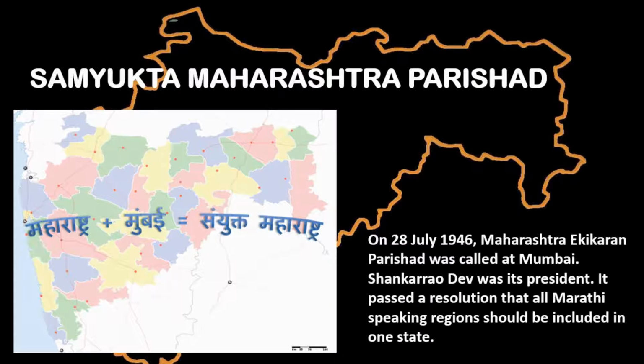So, in that conference, a resolution was passed that all Marathi speaking regions should be included in one state, and this should also include Marathi speaking regions of Mumbai, central provinces, as well as Marathwada and Gomantak. So, it had begun that the entire Marathi speaking population should be under one dominion.